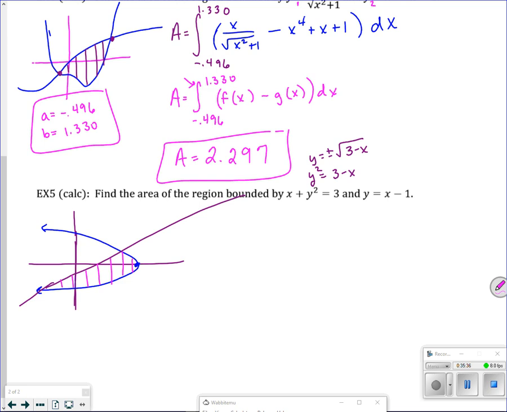I can do dx or dy and get the answer. If I was doing dx, the issue is I would have to do 2 integrals, because what's on the top and the bottom changes right after this point right there.